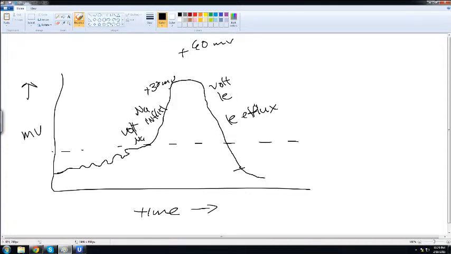The voltage-gated potassium channels inactivate, and then it will return to the resting membrane potential. So through sodium influx and then potassium efflux, we have a massive increase and then a massive decrease in the voltage of the neuron's membrane. And that massive increase and that massive decrease is what we call an action potential.